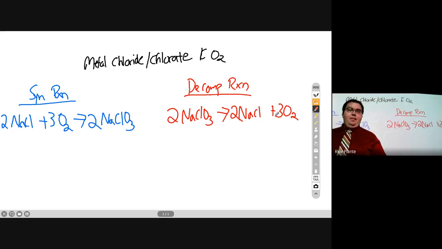All right, the last special case we have is what we call a reaction with a metallic oxide and a water. No, not water. Sorry. Check that. A non-metallic oxide in water.